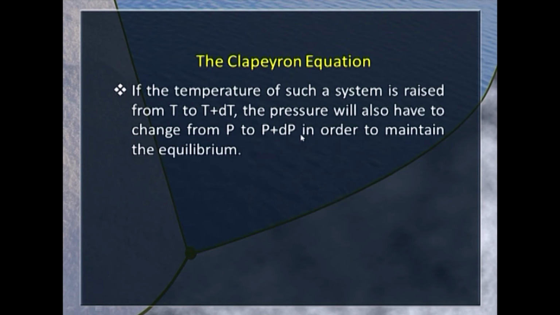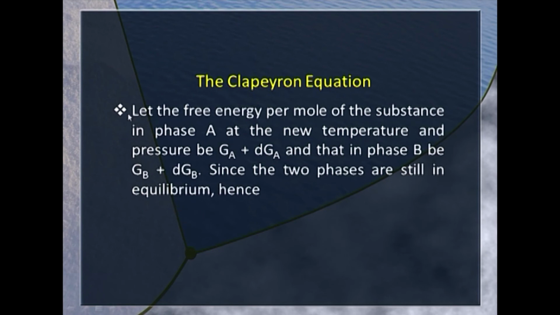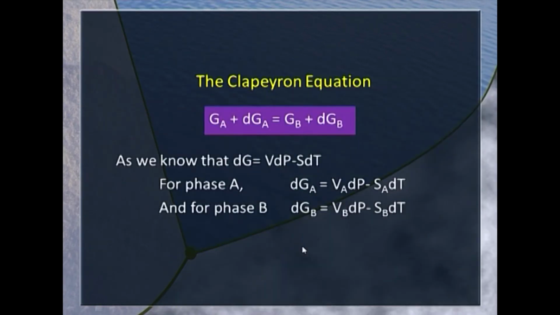The dP represents a very small change in the pressure. We are going to have an effect on the overall Gibbs free energy, that is the Gibbs free energy of A is going to change from Ga to Ga plus dGa, and for phase B from Gb to Gb plus dGb. But as the equilibrium is already established even after the change is incorporated, these two terms need to be equal, and we already know that Ga is equal to Gb before it is disturbed.